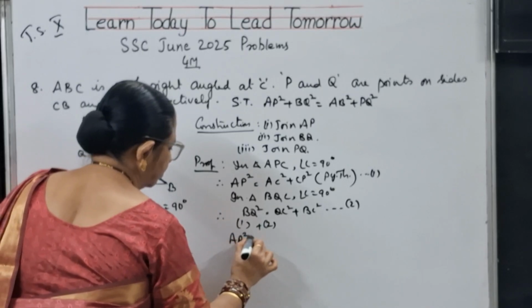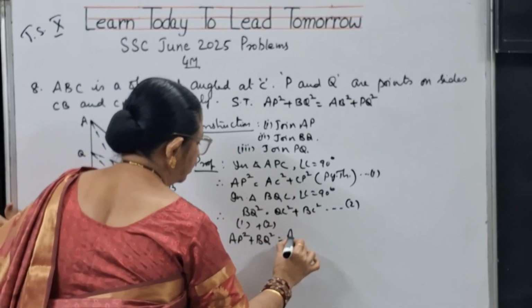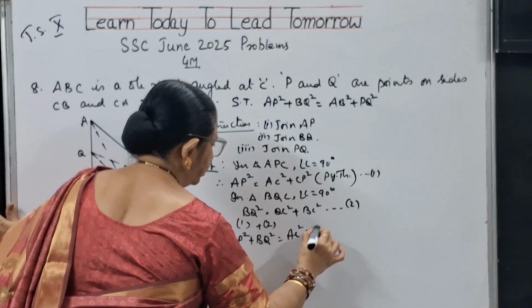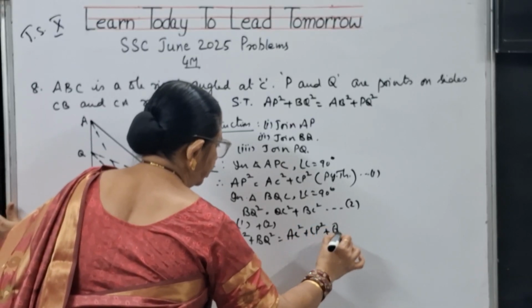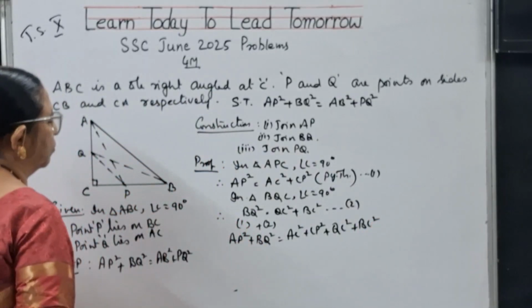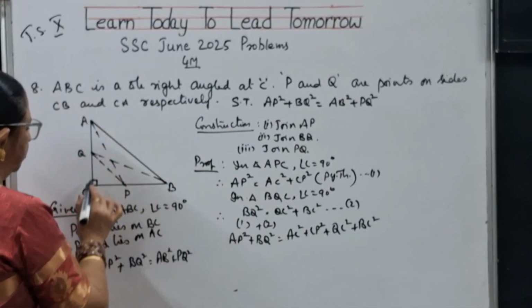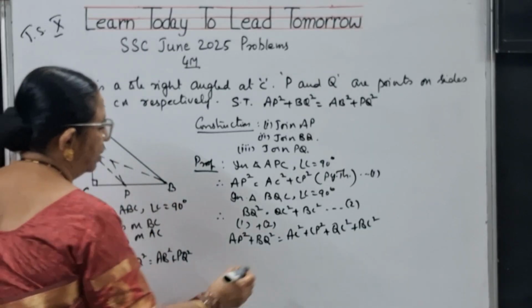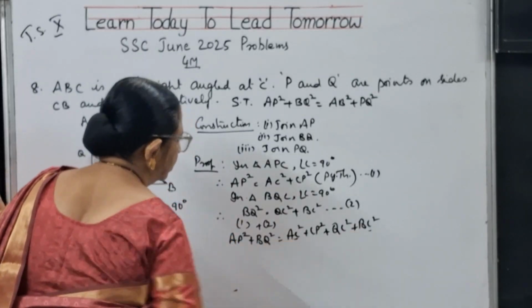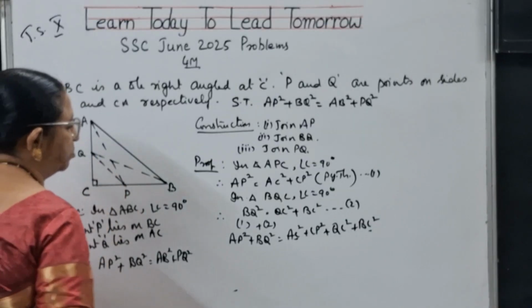Now add these two equations, the first and the second. That is, AP square plus BQ square is equal to AC square plus CP square plus QC square plus BC square. So what do we need to prove? We need to prove AB square plus PQ square. AB square means AC square plus BC square, and PQ square is CQ square plus CP square.